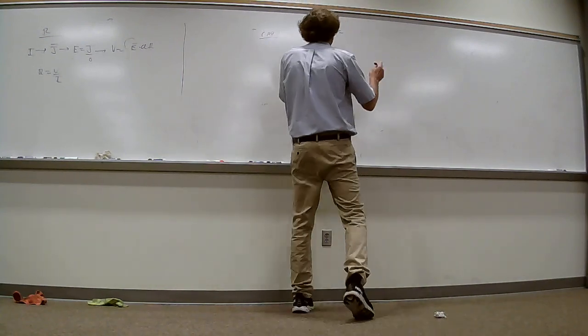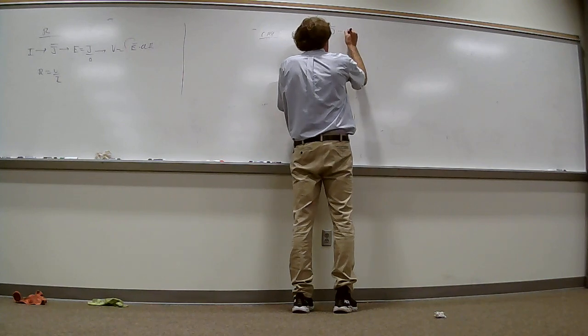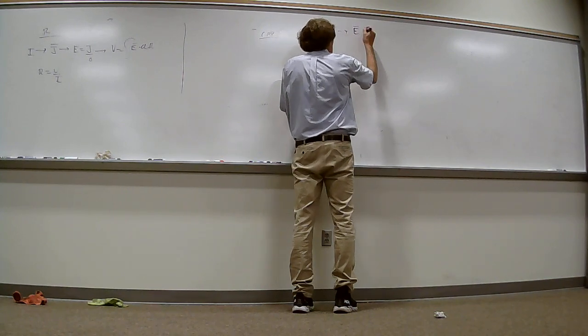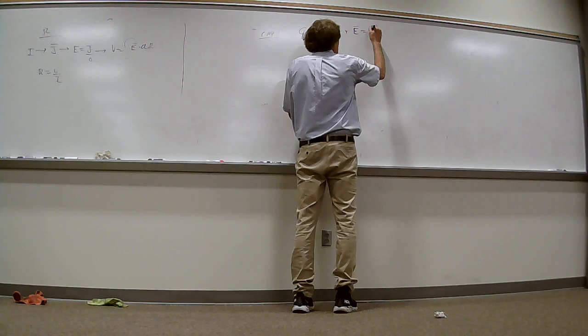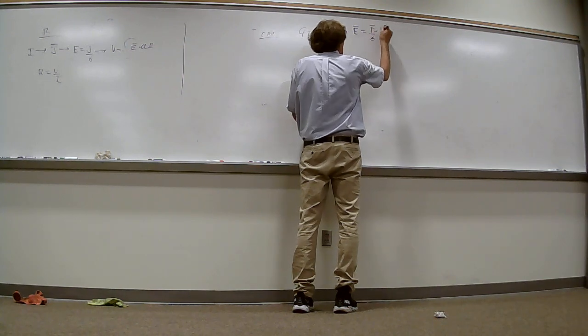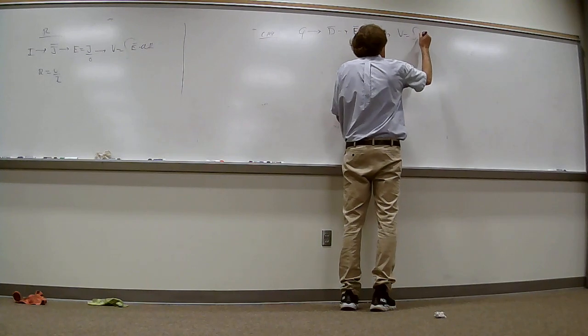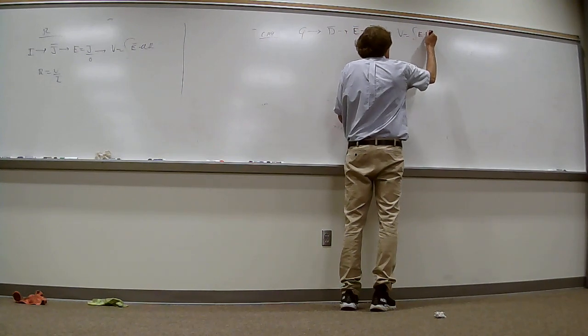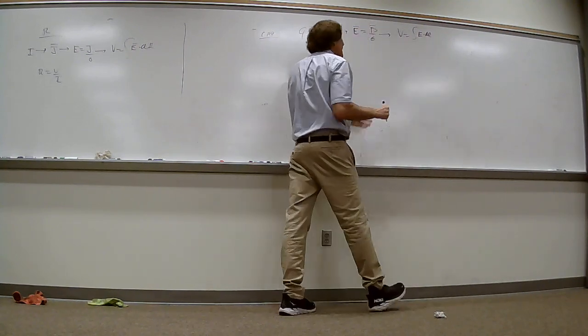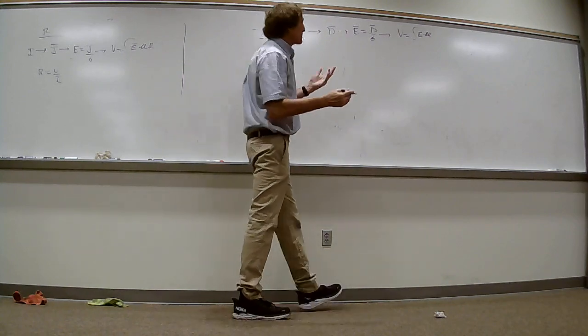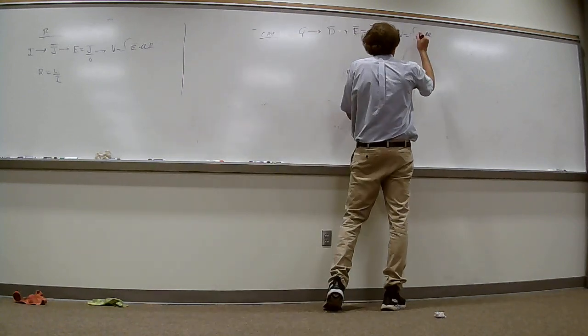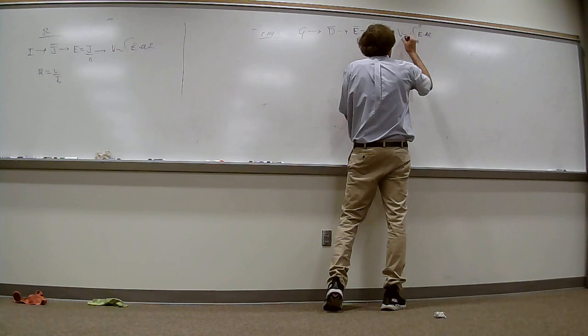After you get D, then you get E, and E is simply what? D over epsilon, correct? Once I have E, then I get V, which is equal to the integral of E dot dl. And you can put a minus sign here, but frankly, you can go from A to B if you want.